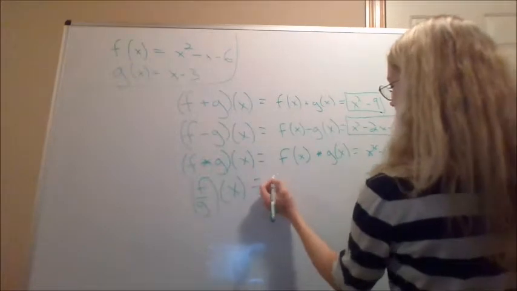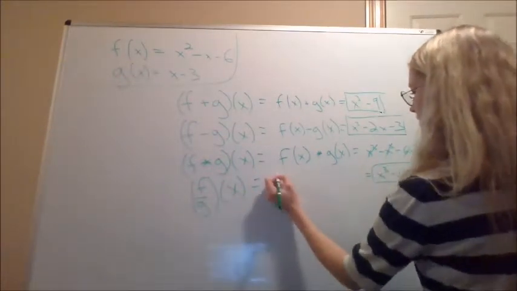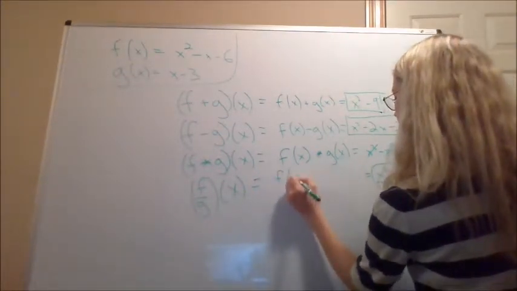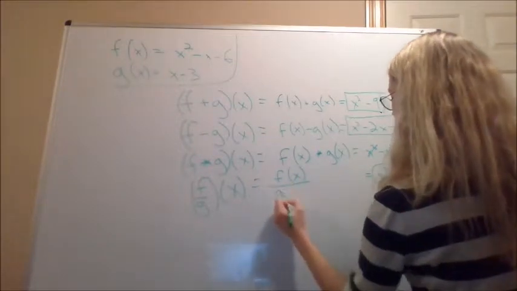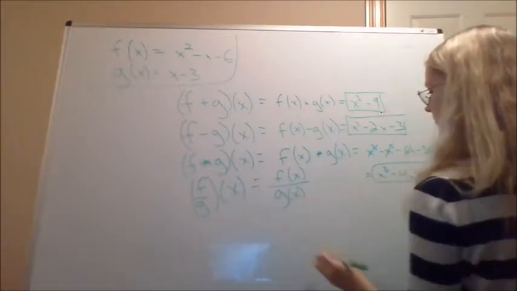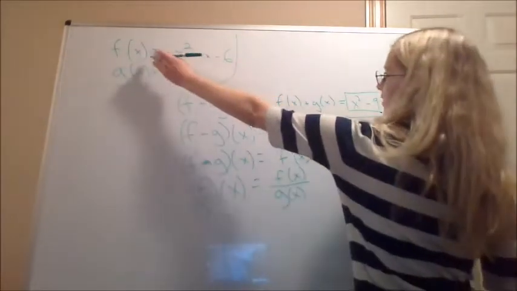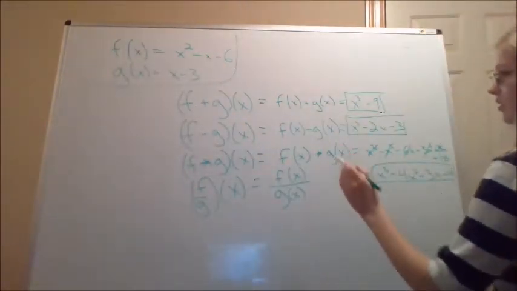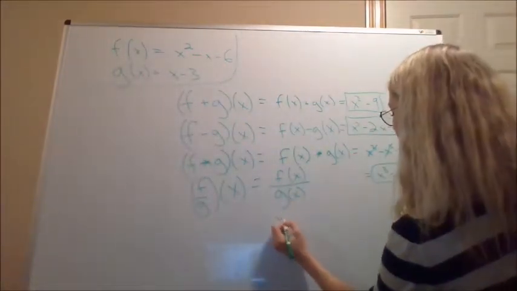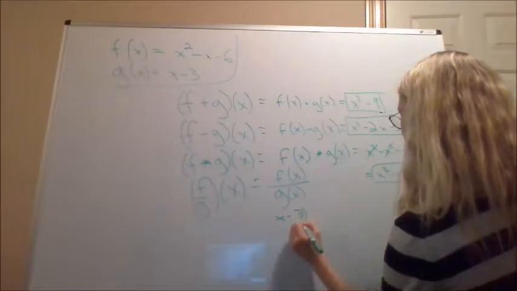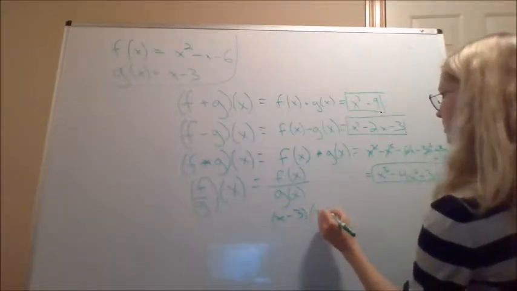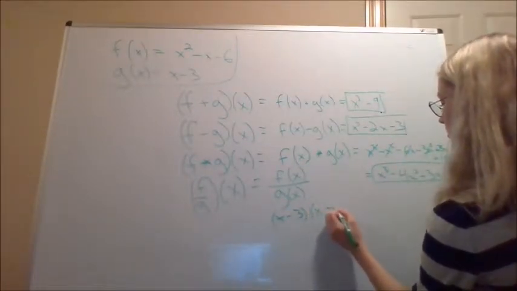And likewise, f divided by g of x is f of x divided by g of x. And if we look at this f of x here, we can notice that you can factor that as x minus 3 times x plus 2.